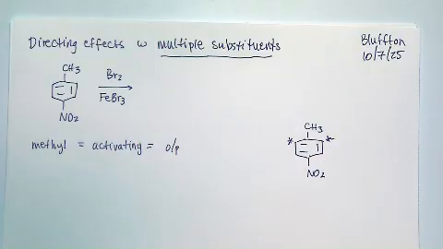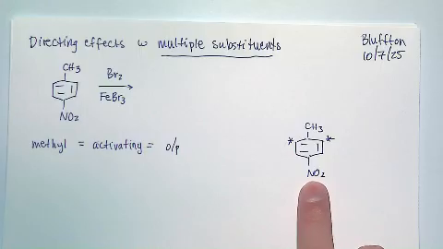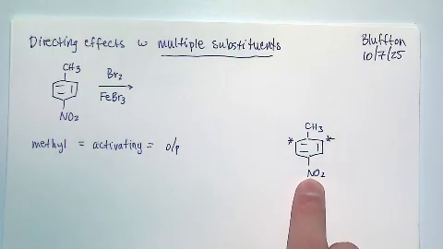And para to the methyl group is where the nitro group is. So that position's blocked. We're not going to substitute one substituent for another, other than hydrogen. So the para position is not important in this case. The methyl group is just going to direct to those two ortho positions.